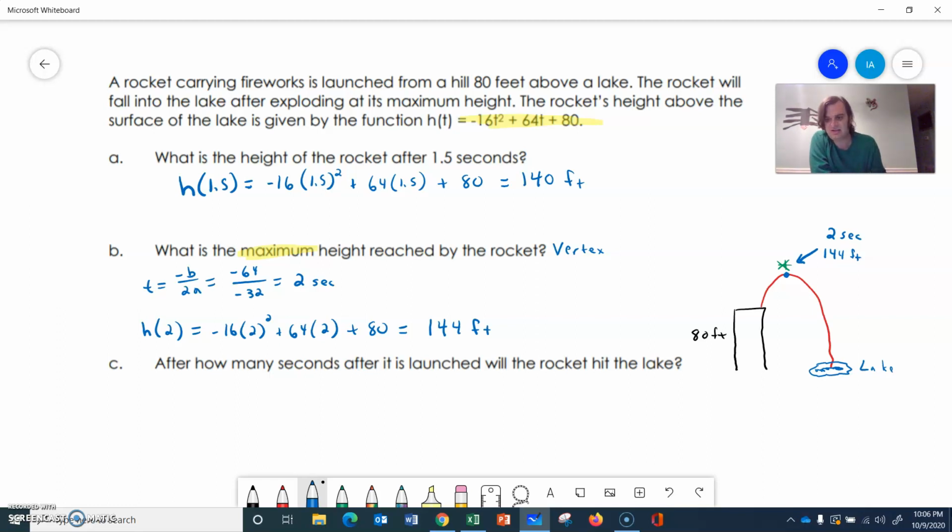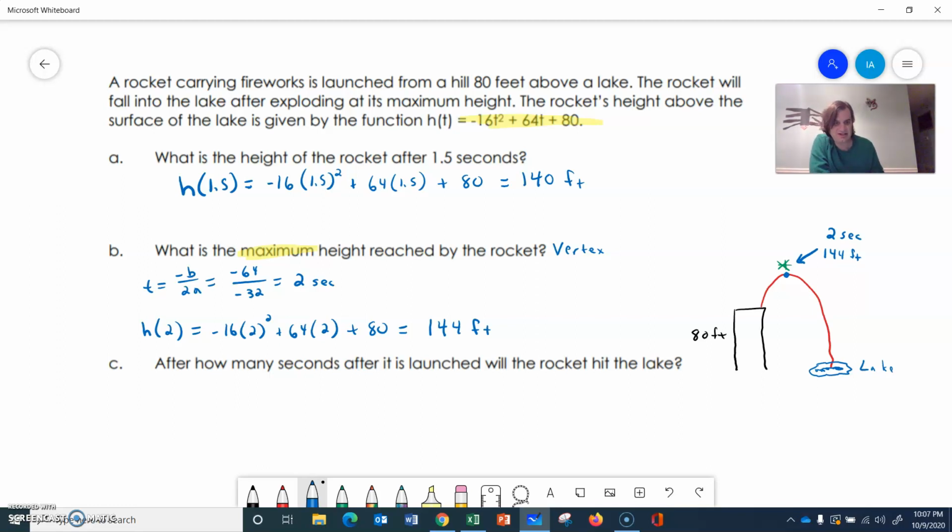So it took 2 seconds to reach that height, and you may start thinking that things are symmetrical and that it's going to take another 2 seconds to hit the ground. But remember, the thing didn't start on the ground. So it might take another 2 seconds to get back to the 80-foot high building, but it may take longer to reach the lake. So it says, after how many seconds after it is launched will the rocket hit the lake?